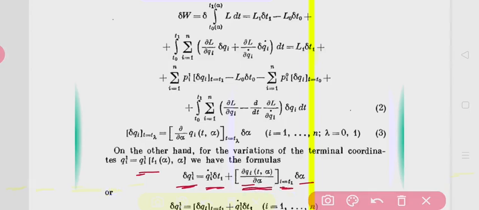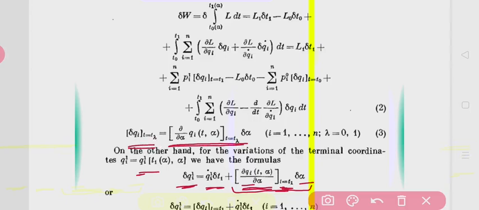Now you know that curl q_i by curl alpha at t equal to t1, what will it be? From here, if I take lambda equal to 1, this value is equal to delta q_i at t equal to t1.